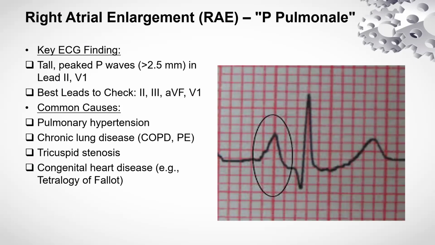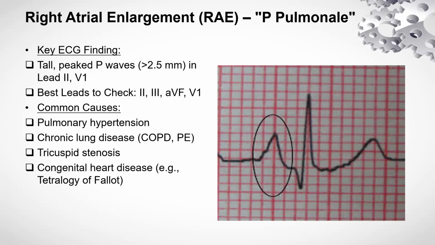Like we said, the P wave should be less than 3 small squares, isn't it? So this is the P wave, and look at the small squares in between. This is more than 3 small squares. Don't forget that 5 small squares make 1 large square. And this is usually in lead 2 and V1.